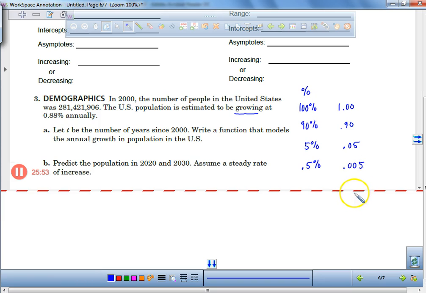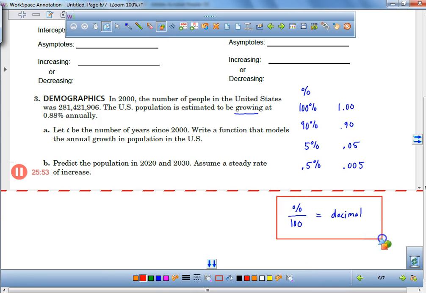So if you ever have a percentage, all you have to do is take that percentage and divide it by 100, and that will give you the decimal equivalent. It's pretty important that you understand how to convert a percentage to a decimal.